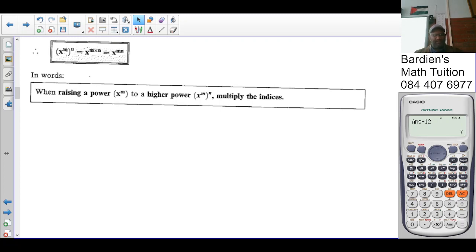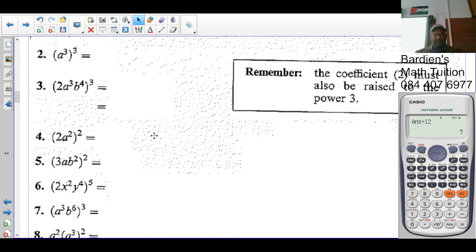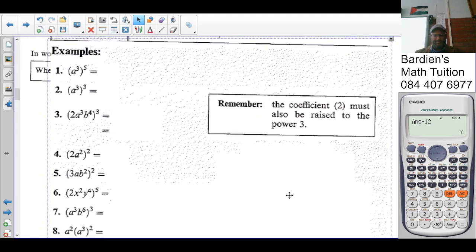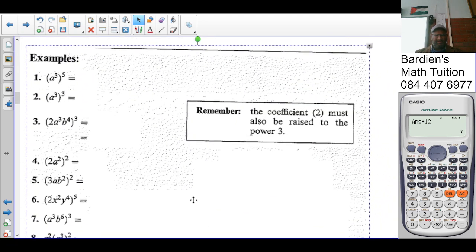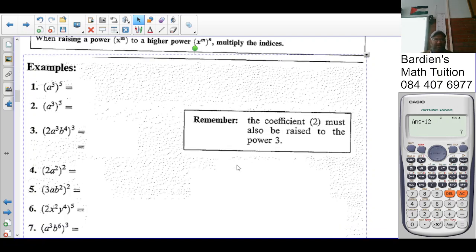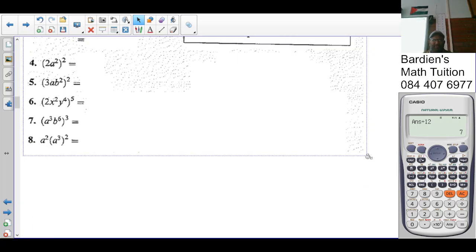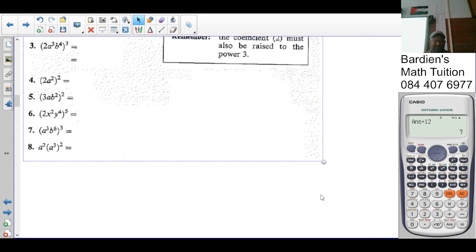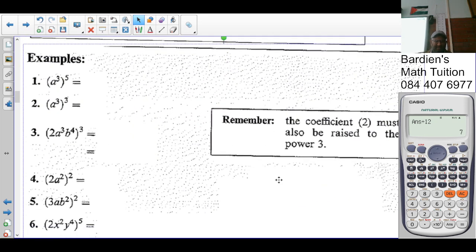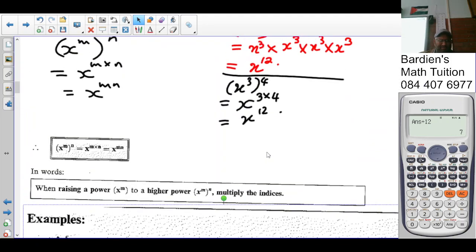So let's look at a couple examples dealing with this here. So this is the rule again. The rule says when raising a power to a higher power, we multiply the exponents, okay, or indices. These are examples on page 31.